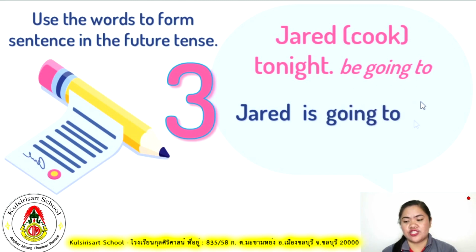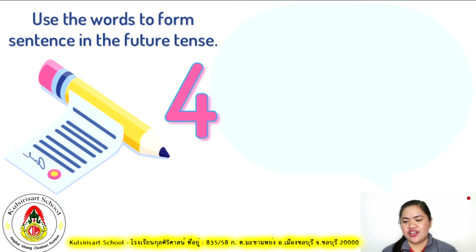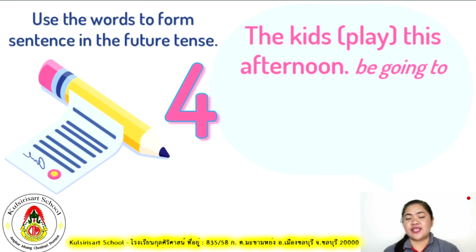And then what is the verb? Cook. What is the base form of cook? Very good. Still, cook. And then tonight. Full stop. Okay, another. The kids play this afternoon. We have here the format of be going to, and our subject is plural.